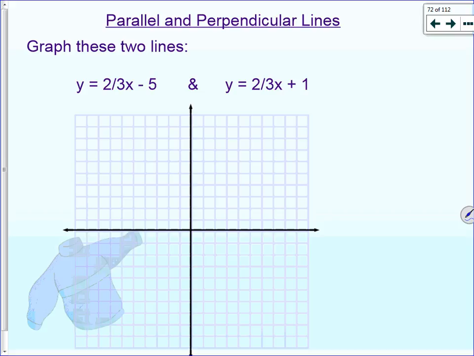So I'm going to graph the first line in blue. This one has a y-intercept of -5, 1, 2, 3, 4, 5, and a slope of 2/3. So up 2 over 3. And then I'm going to try and graph this with a straight line.